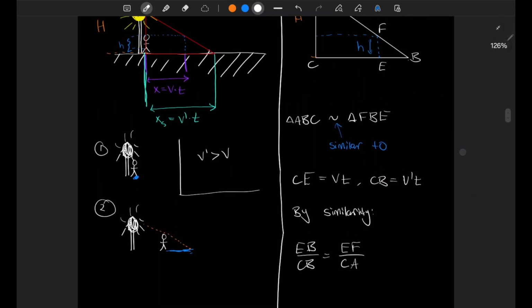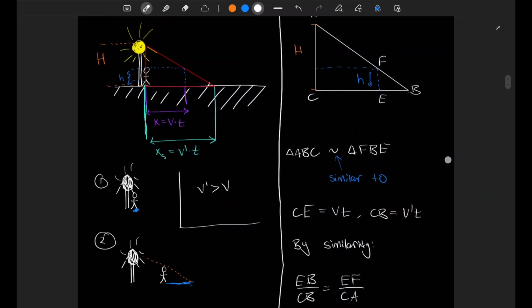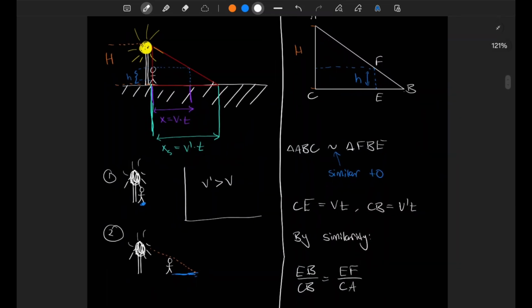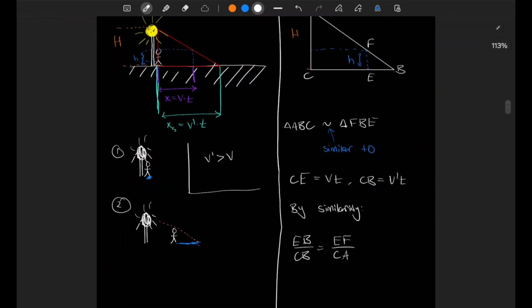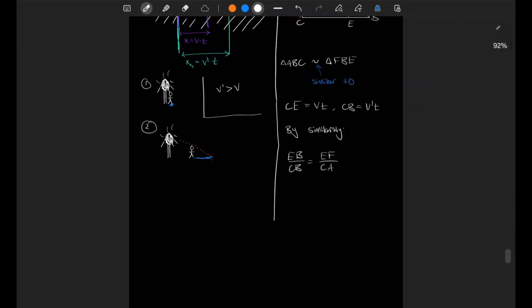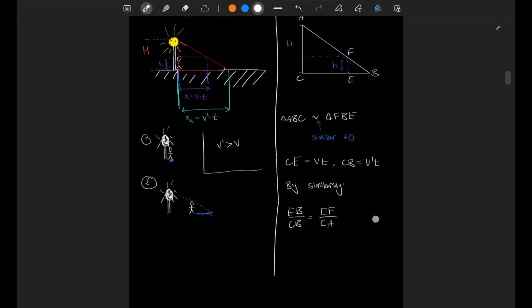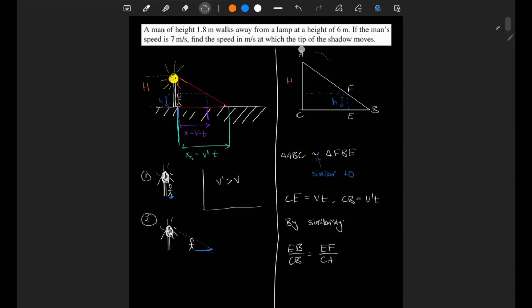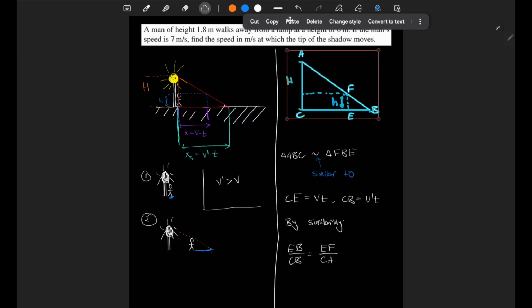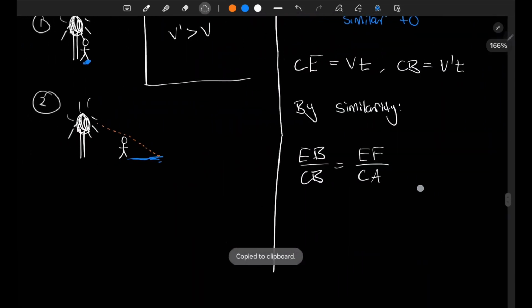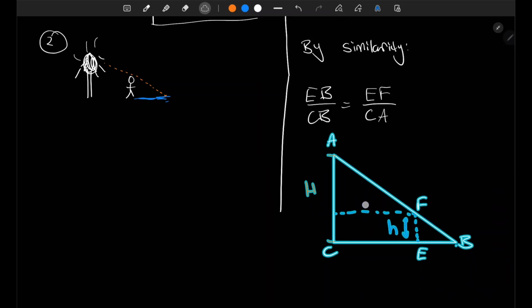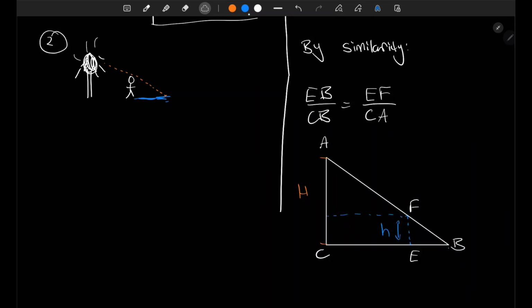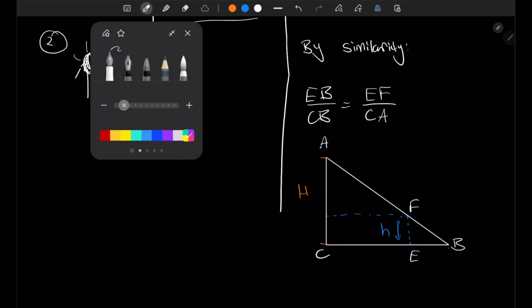So zooming out a bit, these ratios are in fact the same. So maybe I can color them in, and I can bring this triangle back down. So I'm going to take this triangle, copy, and paste it down here. And I'll color in the side lengths. So here we'll have a yellow side length.